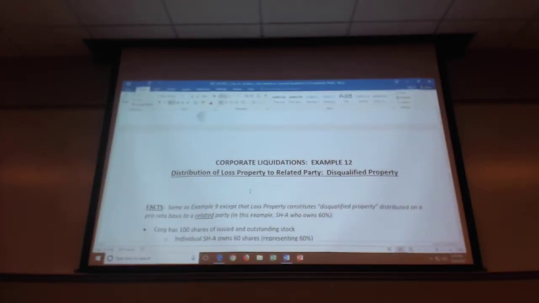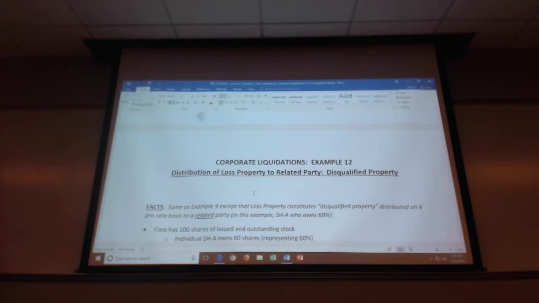Is this the loss for the corporation or the shareholder right now that we're talking about? Everything we're talking about now is the loss at the corporate level. In other words, we're starting with the premise that we have a general rule under 336(a) that losses are recognized on the distribution of property with basis greater than fair market value. That's the default rule. We now have these exceptions in 336(d).